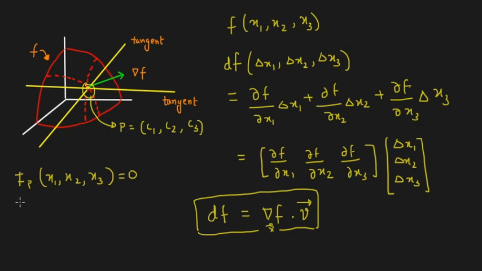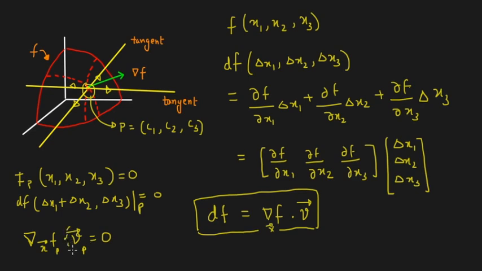So df, with delta x1, delta x2, delta x3, is equal to 0 at P. So if we move along the tangent here or here, very small movements, then the value of change in function will be approximately equal to 0. This concludes that the gradient of the function and the change in the individual variables dot product equal to 0 at the point P.